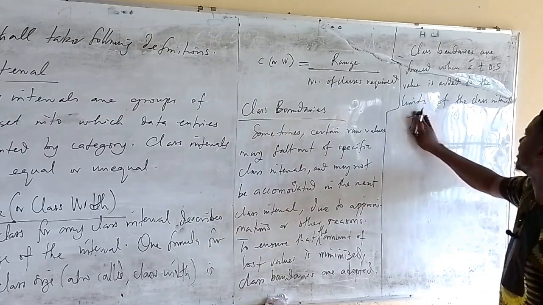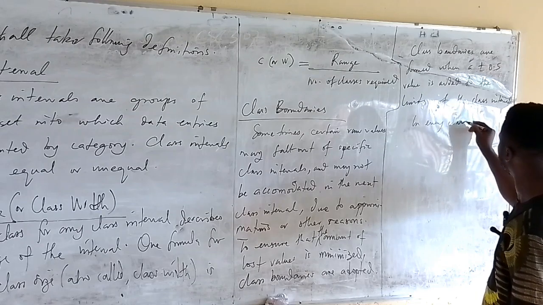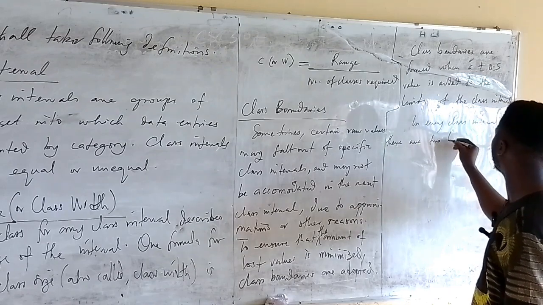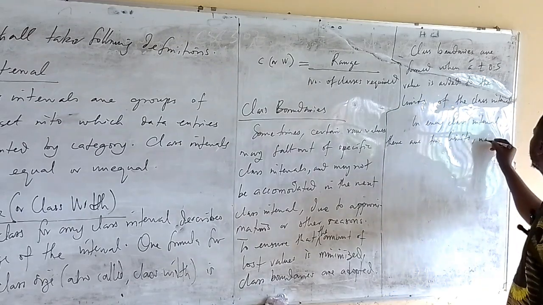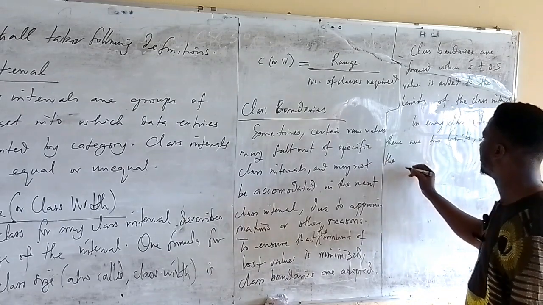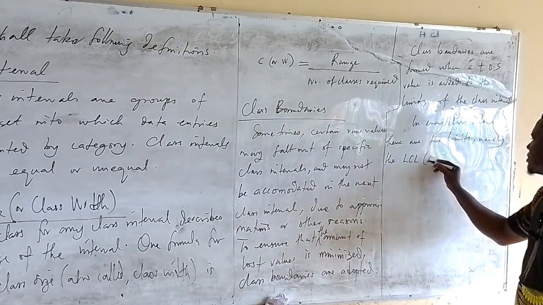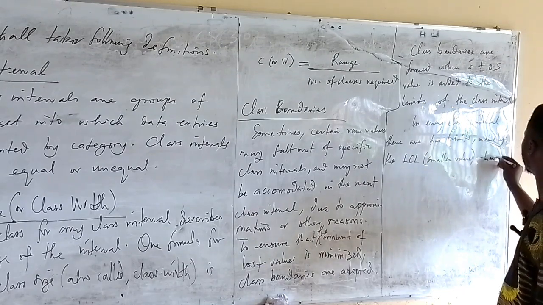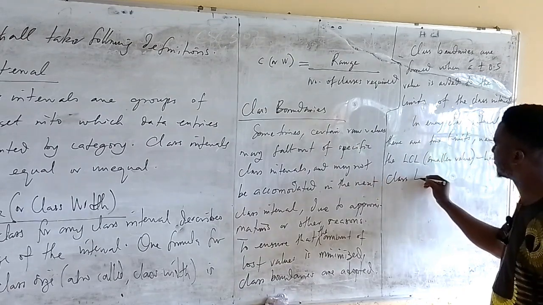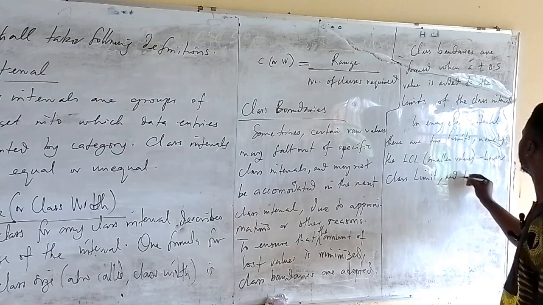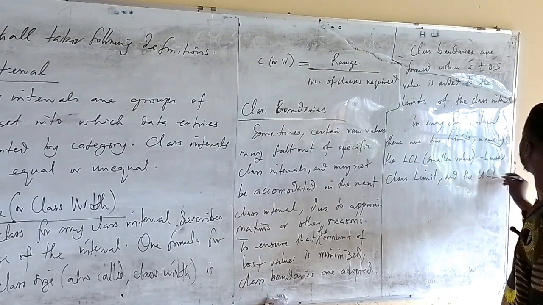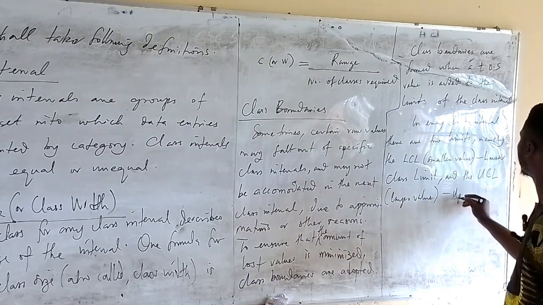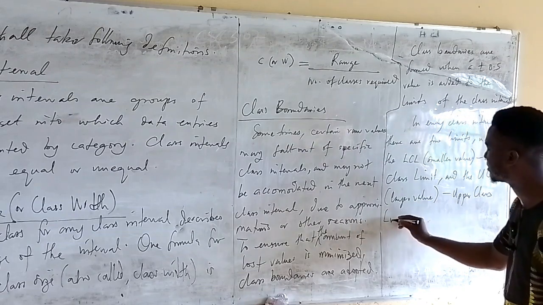Paragraph. In every class interval, there are two limits, namely the lower class limit, LCL, smaller value, and the UCL, upper class limit, larger value.